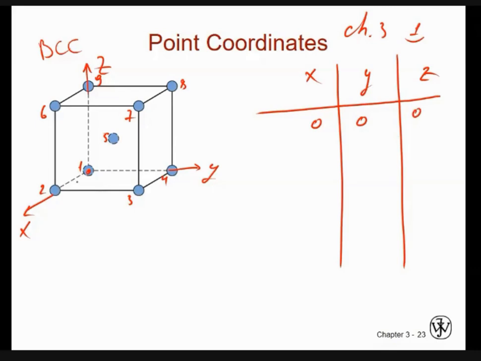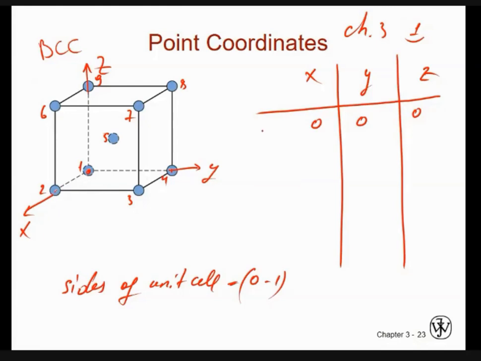And let me remind you, we will always assume that the distance between these two atoms is equal to 1. So the sides of the unit cell change between 0 and 1. So this is 0, this will be 1. If it is 0, this will be 1, and the same for the z-axis.